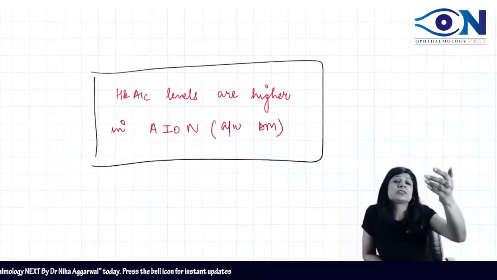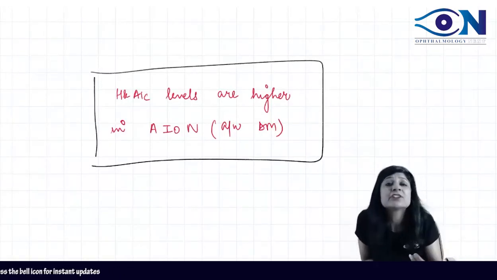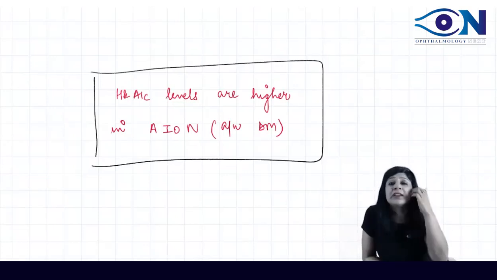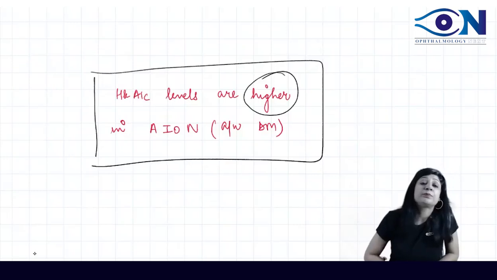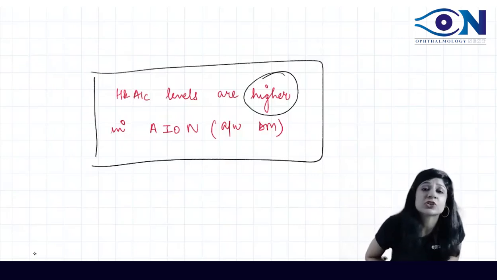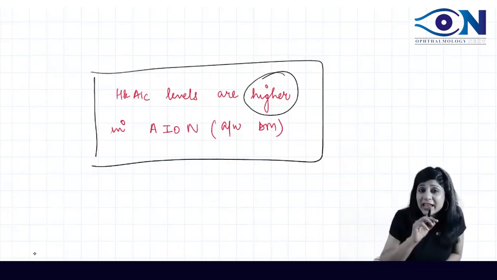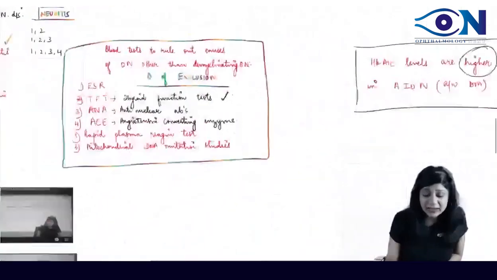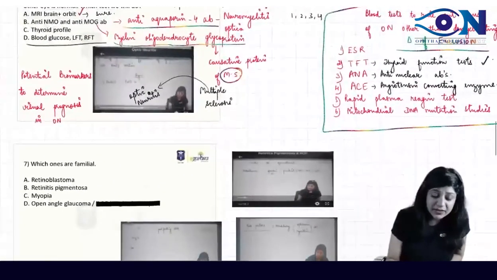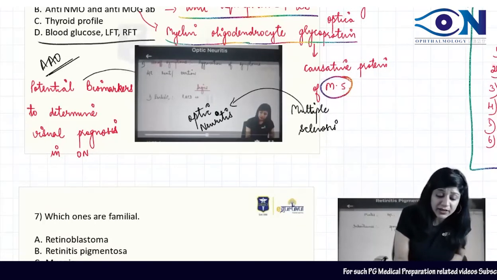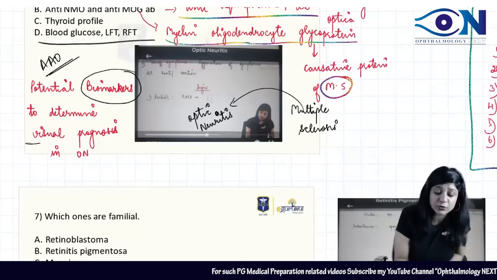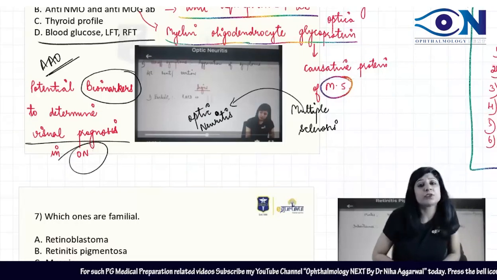And the American Academy of Ophthalmology clearly says that it is a biomarker to determine the visual prognosis in optic neuritis.